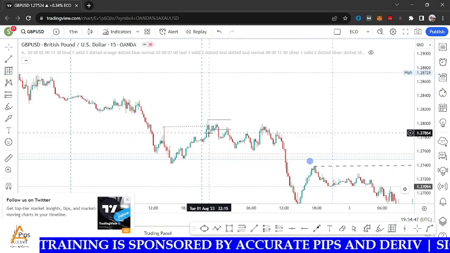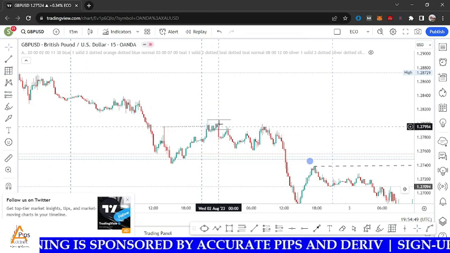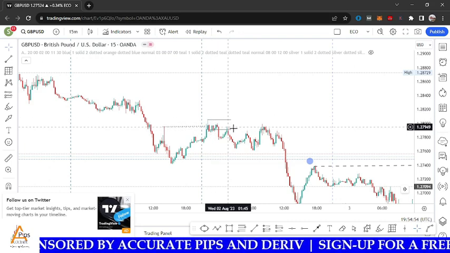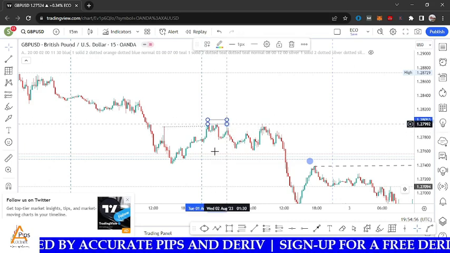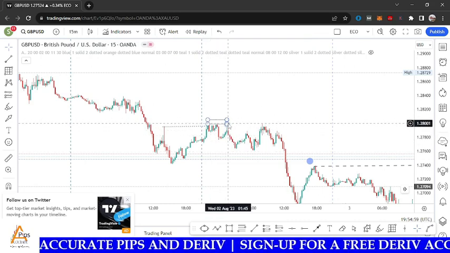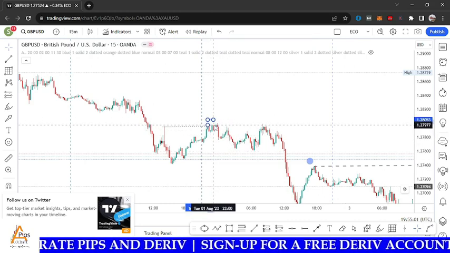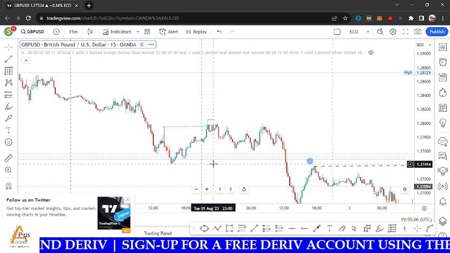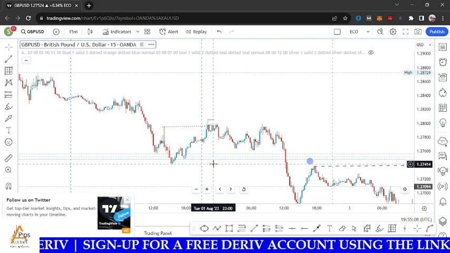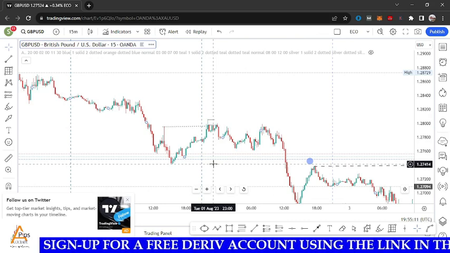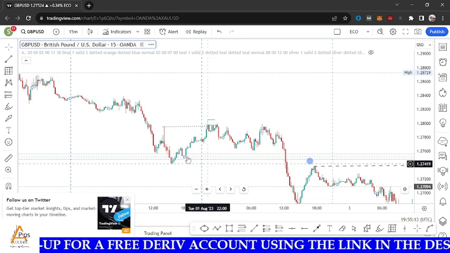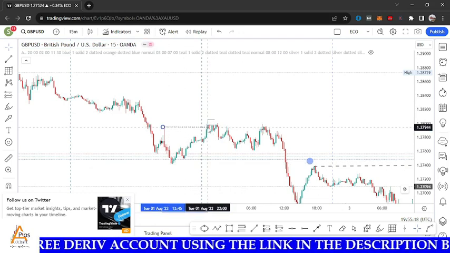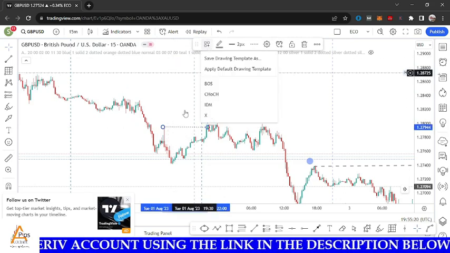But if we see that there is a mitigation of the body, then you use the wick. All right, so in this case we are going to be using the wick of this candle. Now remember, this is 15 minutes. So when we identify the IFC on 15 minutes, we have to go onto 1 minute to make our entry.